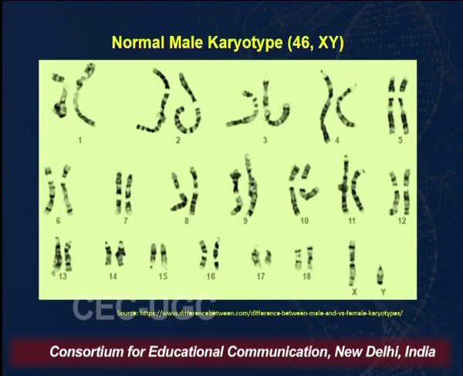While if we see the picture of the normal male karyotype over here, it also contains the 46 chromosomes and the XY is present. So, we can see all the chromosomes are present over here, the autosomes, and at the end there are the XY chromosomes, which are basically the sex chromosomes.